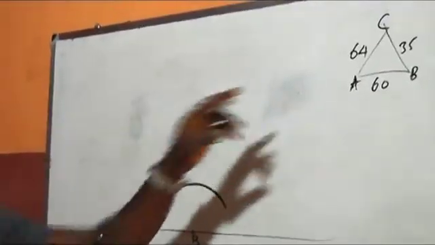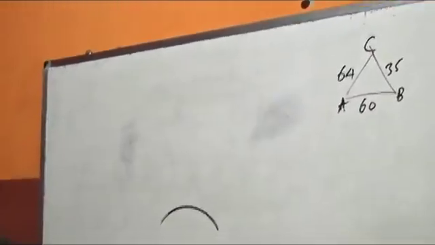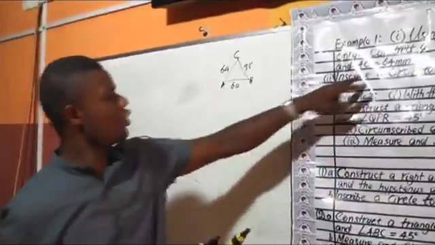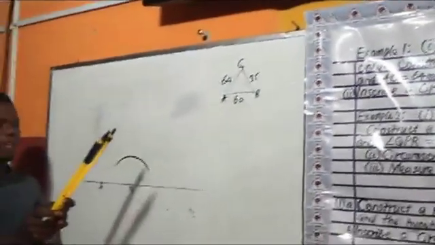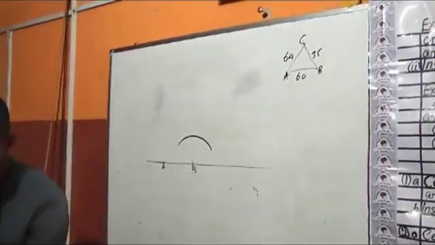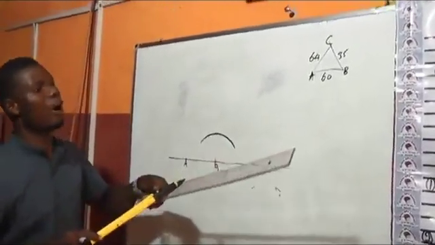The next and last line is line AC, and line AC is given in our question to be 64 millimeter. So you do the same thing. You pick your compass and take the distance on your ruler, that is 64 millimeter.